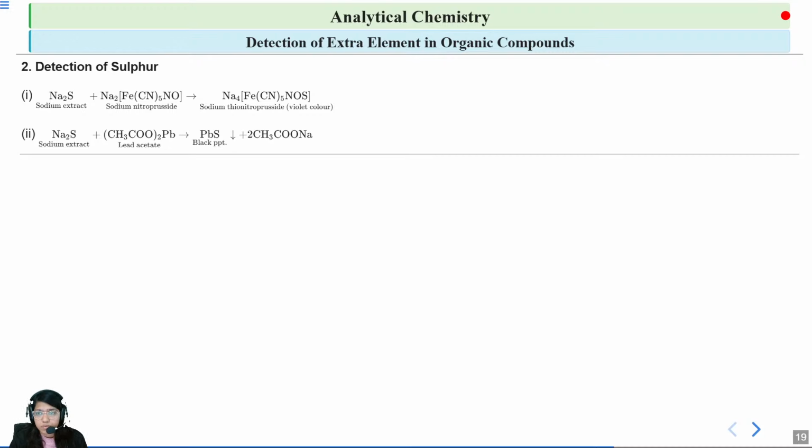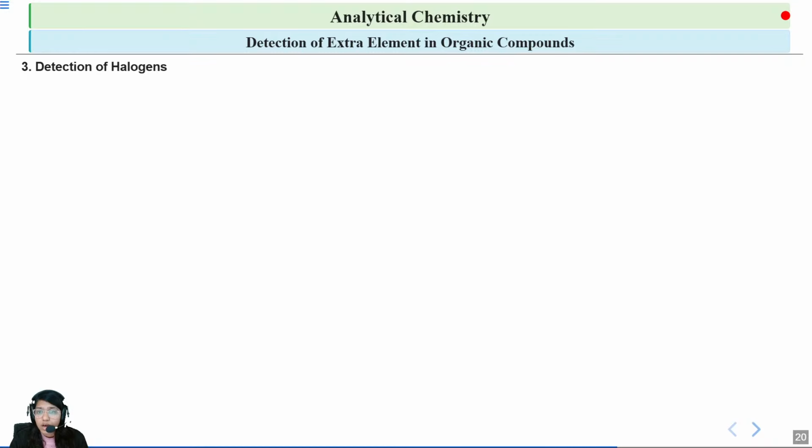This is a double displacement reaction where the sulfide ion, S2-, from sodium sulfide combines with the lead ion, Pb2+, from lead acetate to form an insoluble salt, PbS, which precipitates out of the solution. So formation of a black precipitate of PbS, lead sulfide, confirms the presence of sulfur in the organic compound.